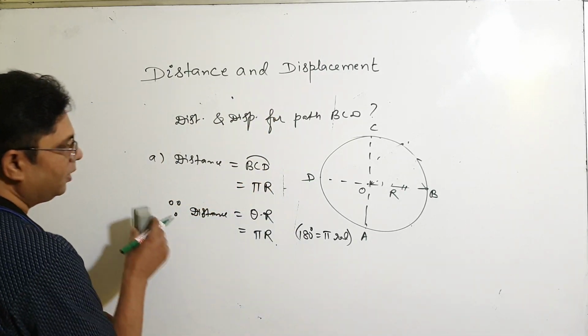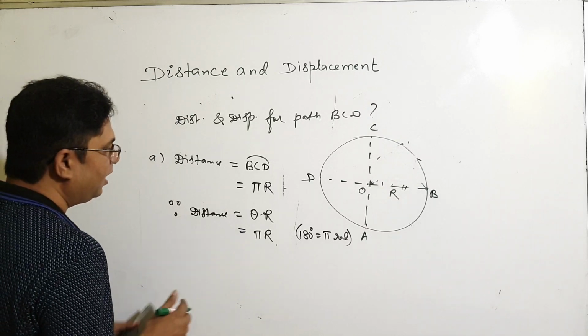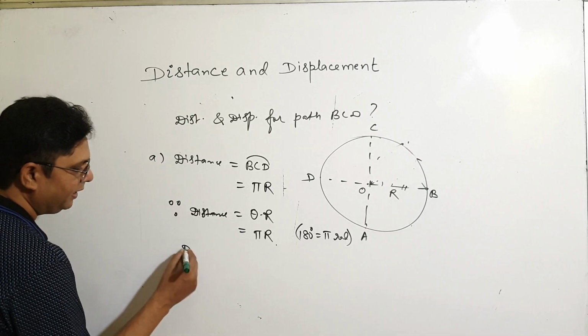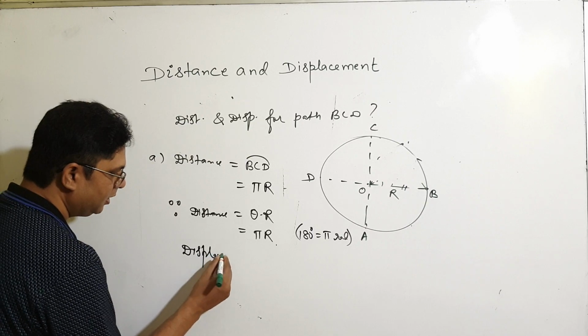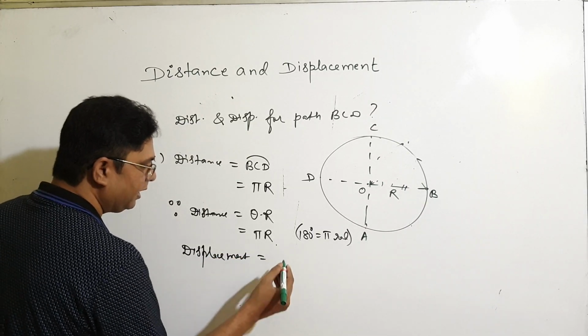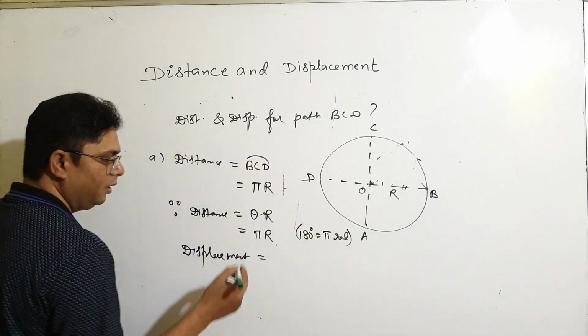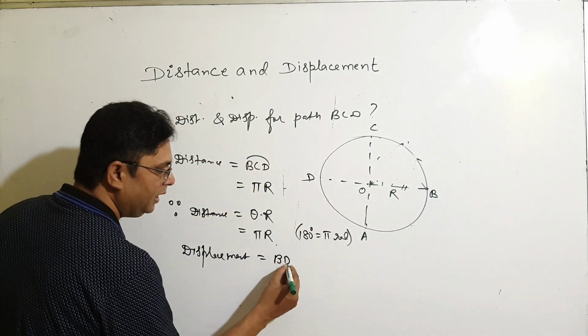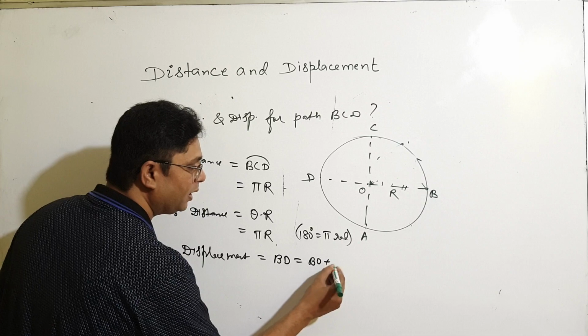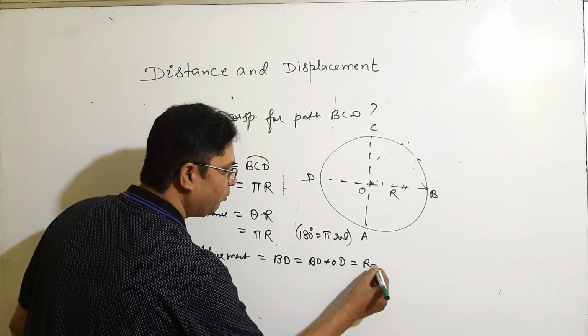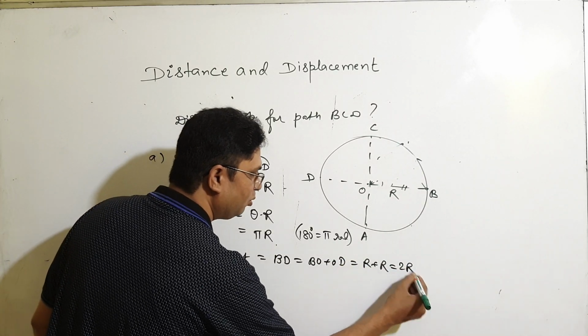Now here, you have found distance, and if you have to find displacement, then displacement is BD. This means that this is BO plus OD. So R plus R, which is equal to 2R.